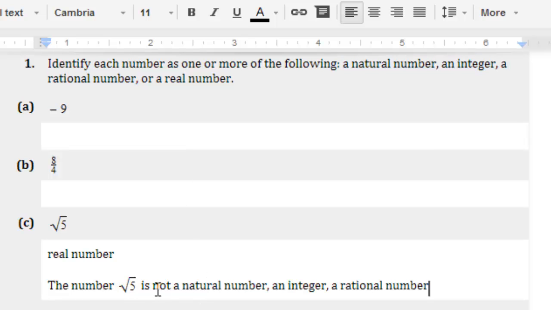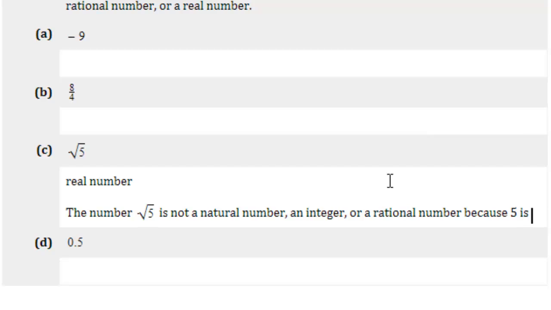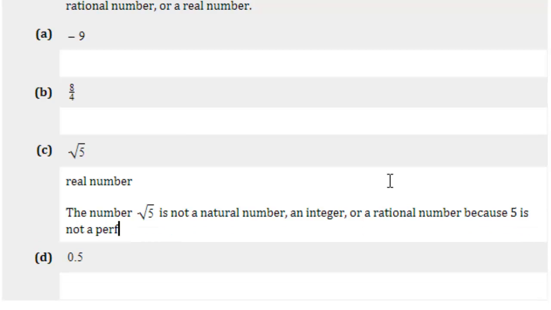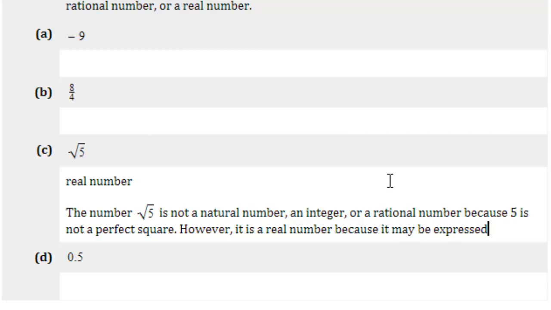So the number, the square root of 5, is not a natural number, an integer, or a rational number, because 5 is not a perfect square. However, it is a real number because it may be expressed as a decimal.